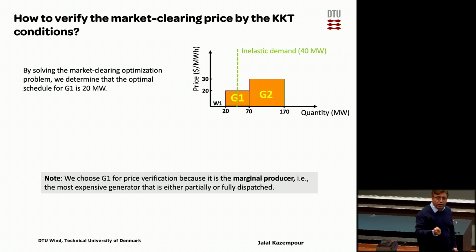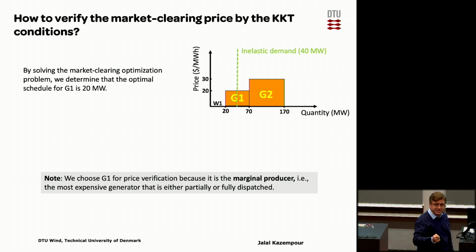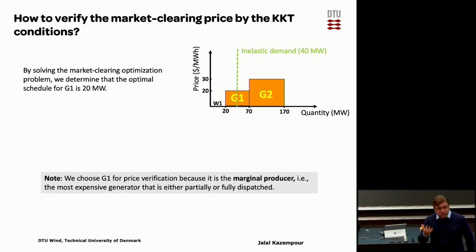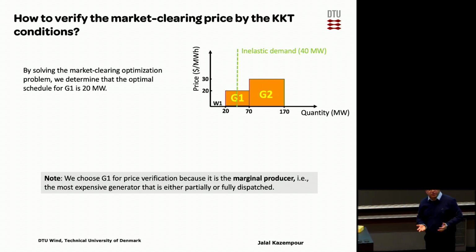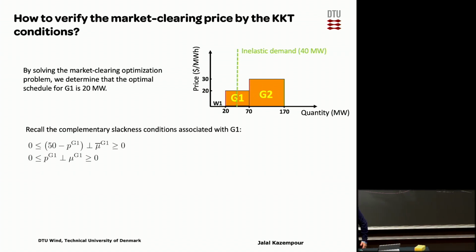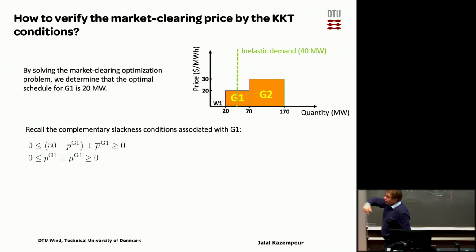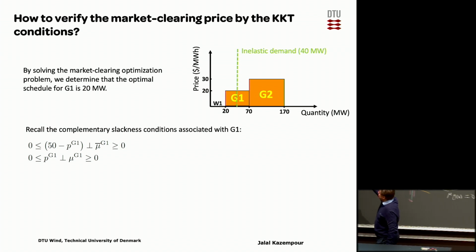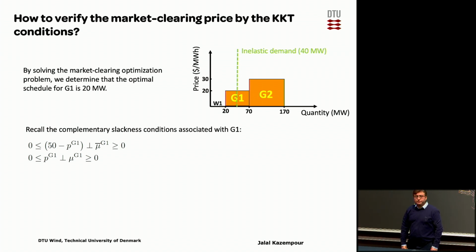Because G1 is the marginal producer in this case, the last or the most expensive generator that is dispatched, either partially or fully. So it means that its production is not 0. So from the KKT conditions from the previous slides, hopefully you remember, we had these 2 complementarity conditions, both related to G1.